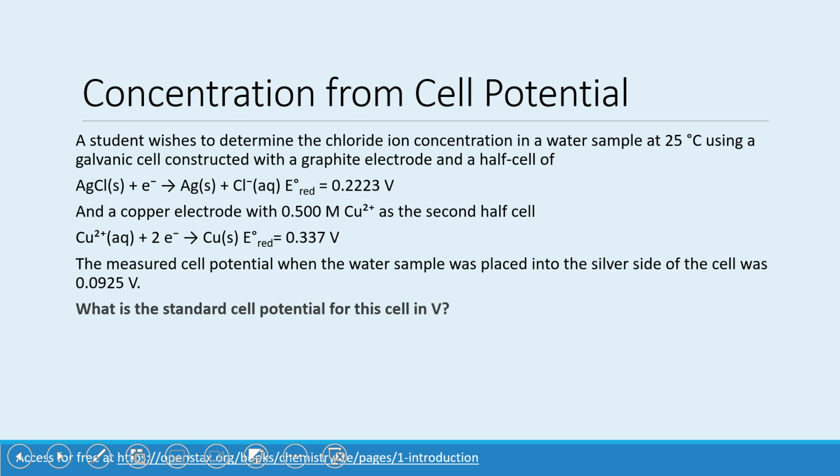The measured cell potential when the water sample was placed into the silver side of the cell was 0.0925 volts.